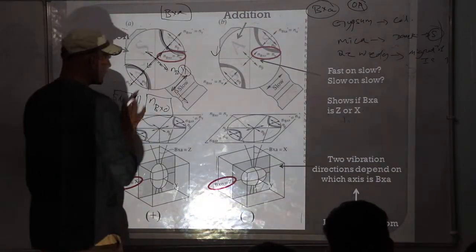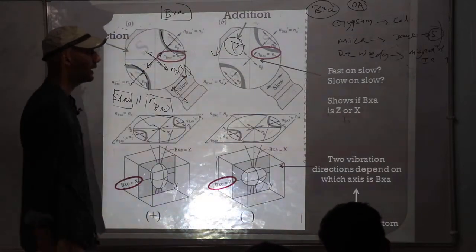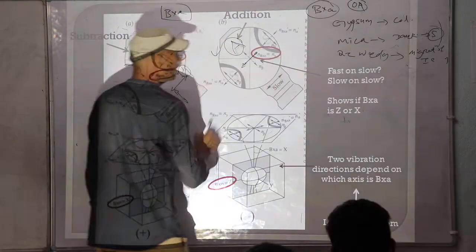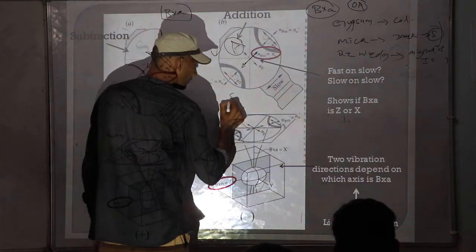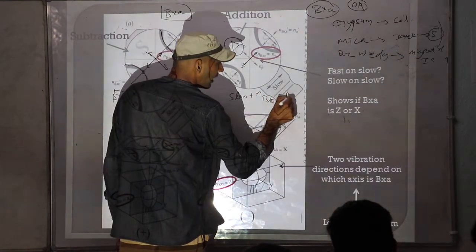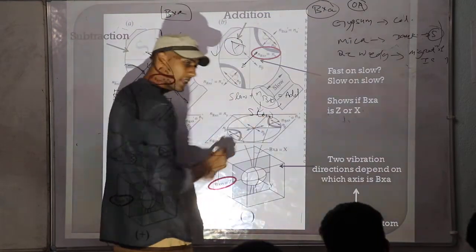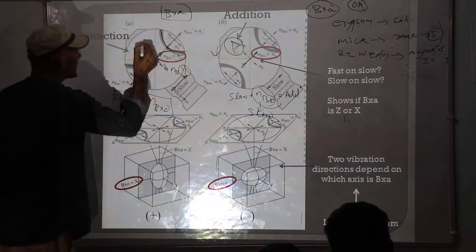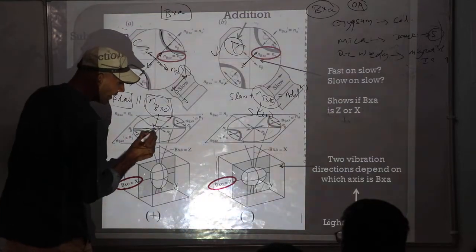So what happens? If you are viewing here addition of color, you can see in this diagram, here there is addition of color. This is BXO. Here there is addition. Slow plus n BXO is addition. That means BXO is slow because they are of same properties, so there is addition. Here it is subtraction. That means the BXO is fast.